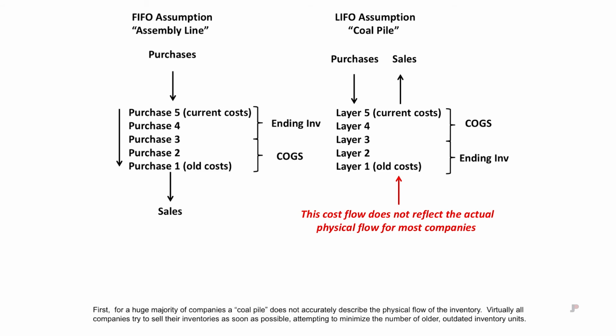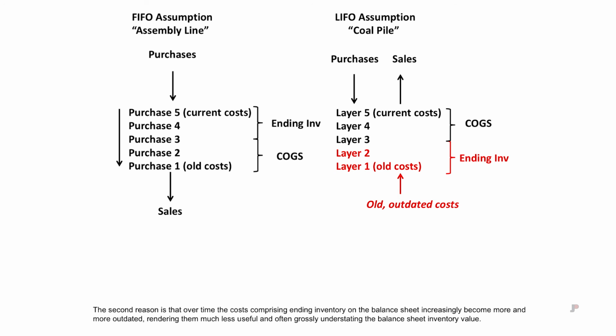Virtually all companies try to sell their inventories as soon as possible, attempting to minimize the number of older, outdated inventory units. The second reason is that over time the costs comprising ending inventory in the balance sheet increasingly become more and more outdated, rendering them much less useful and often grossly understating the balance sheet value of inventory.